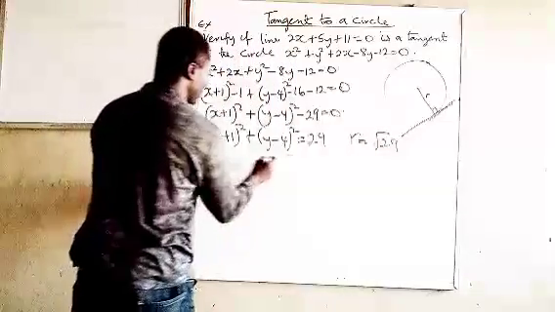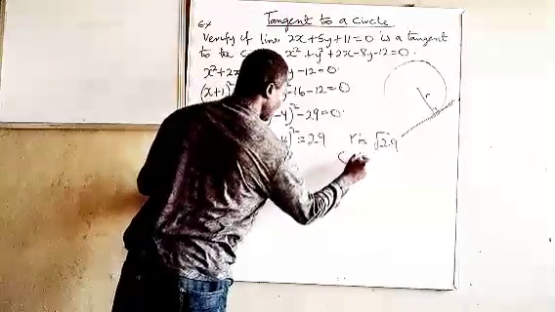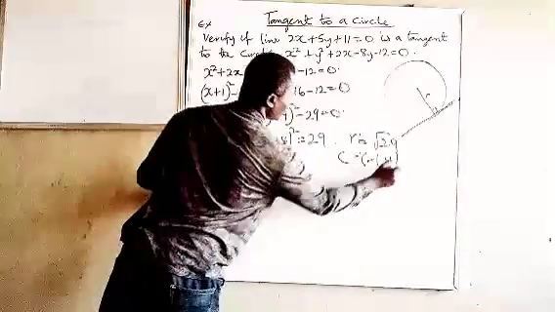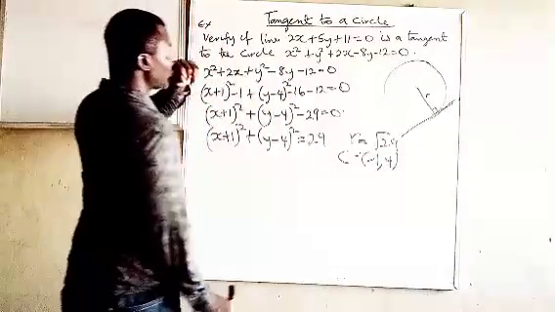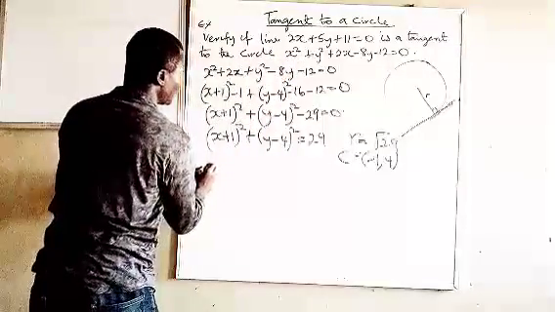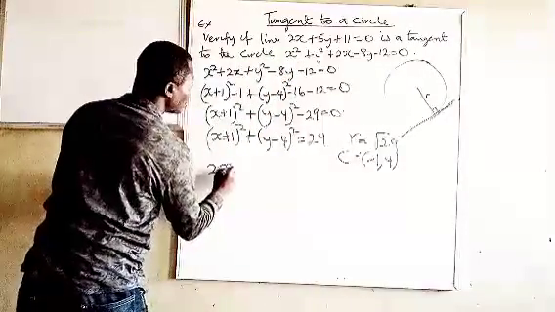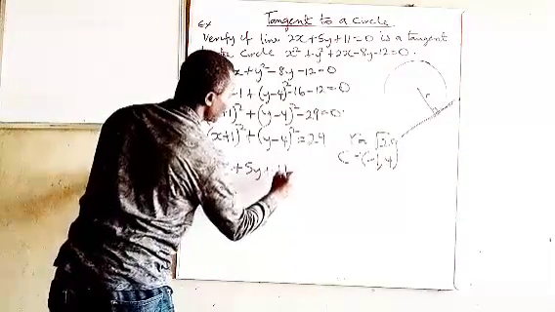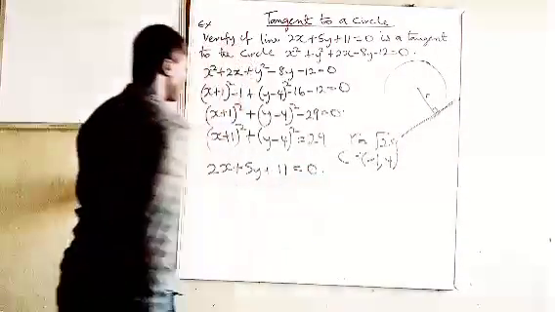And the center is minus 1, 4. We have our equation of the line to verify this tangent to be 2x plus 5y plus 11 equals 0.